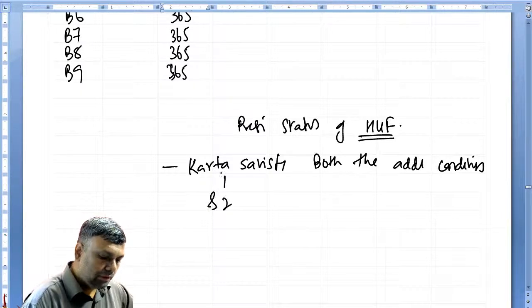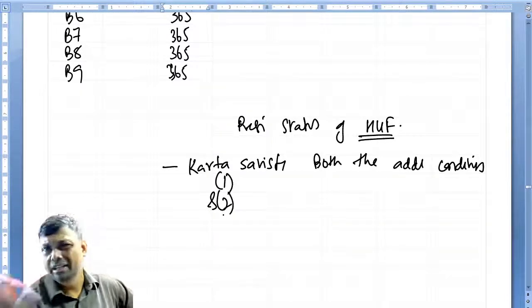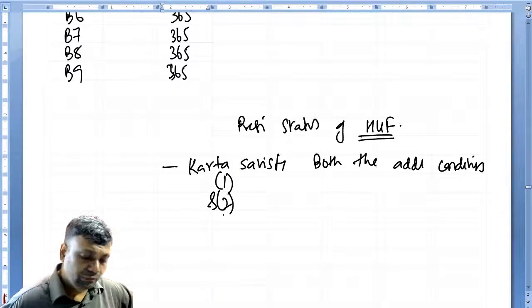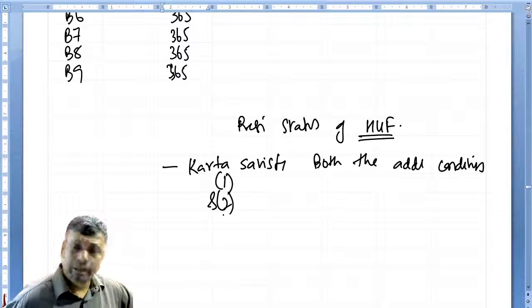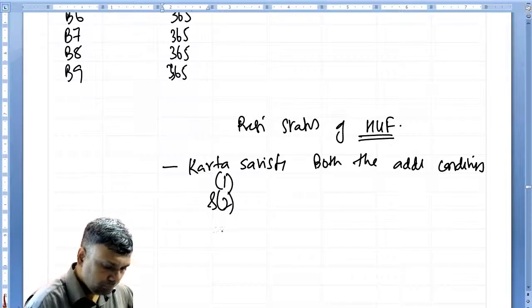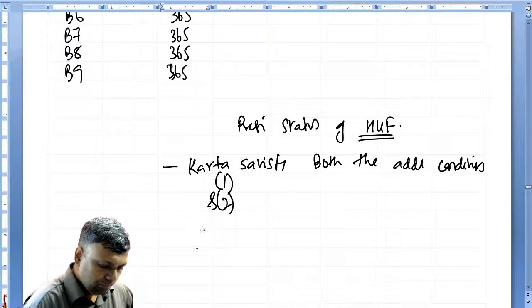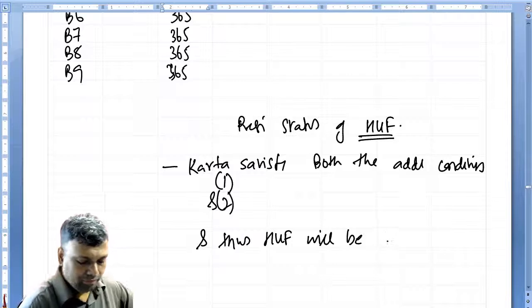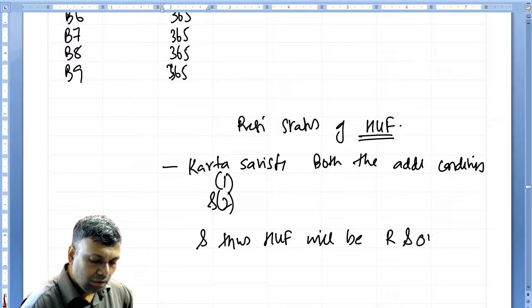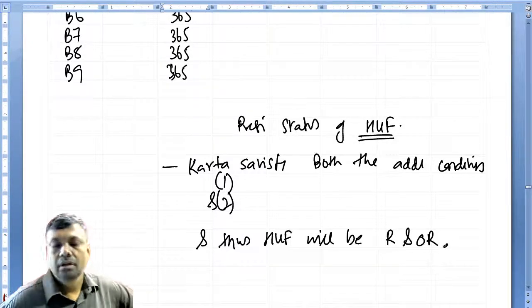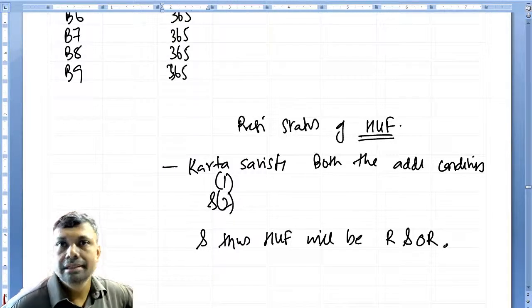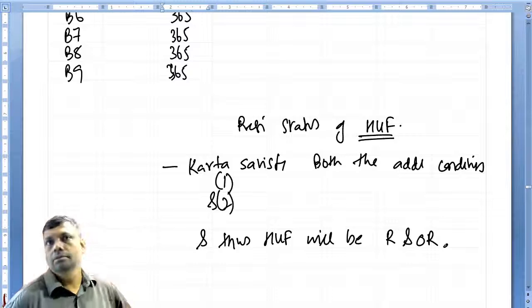So here you have to write those conditions on your own, friends, which I have already written so many times in my previous questions, so I am not repeating. So Karta satisfies both the additional conditions 1 and 2. Okay, and thus HUF will be resident and ordinarily resident. Full stop. That's all.